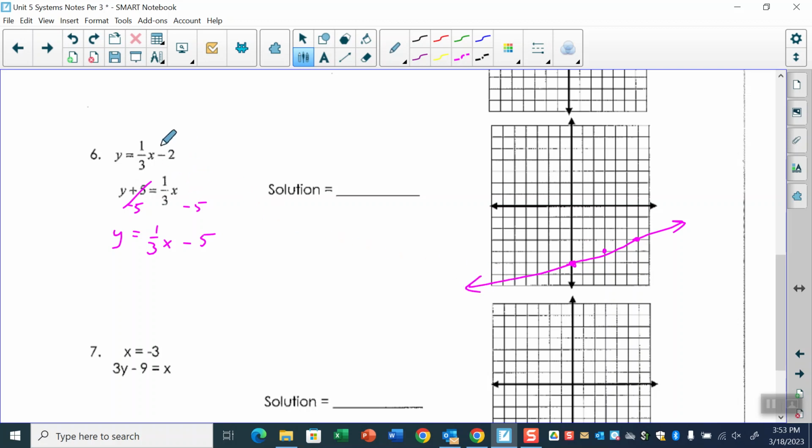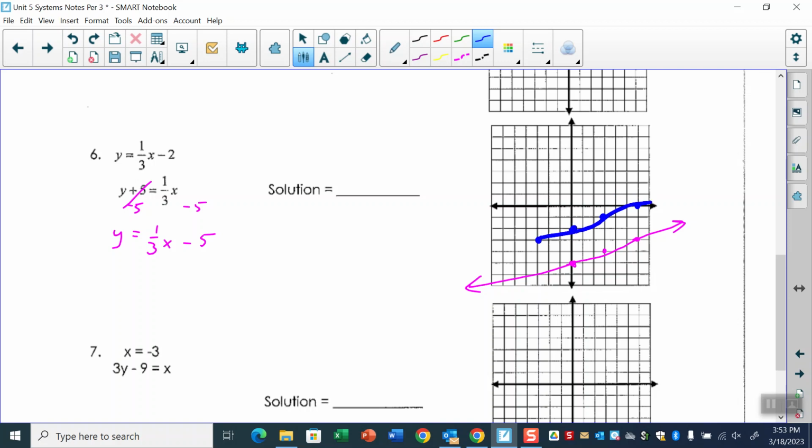And then the other line is -2 for my y-intercept. And the slope is also positive 1/3, right? So I'm going to go up 1 over 3, up 1 over 3. So they have the same slope, right?